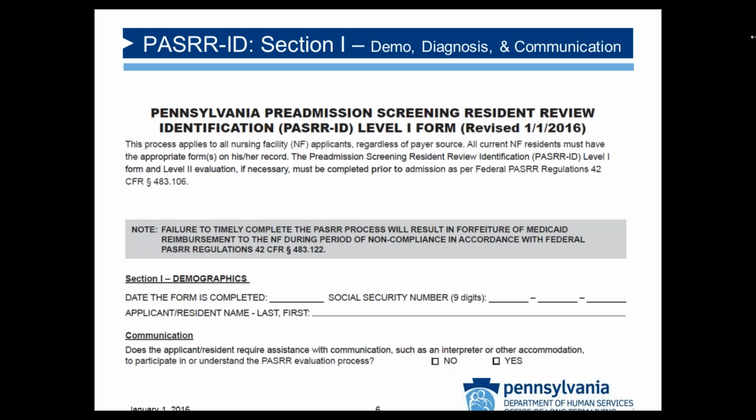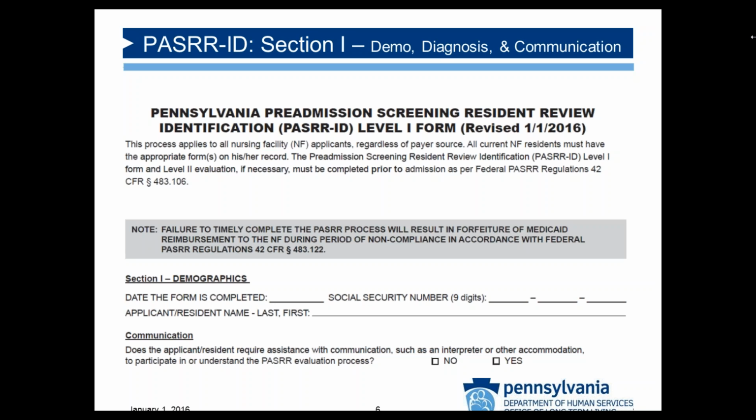The biggest thing that precipitated the change in January with the new tool, and it took us about 10 months to work on this and get it through the system, and we worked extensively with the program offices, with PTAC, which is the PASRR Technical Assistance Group that CMS subcontracts with to work on PASRR related issues, and with CMS directly to make the changes to the tool.